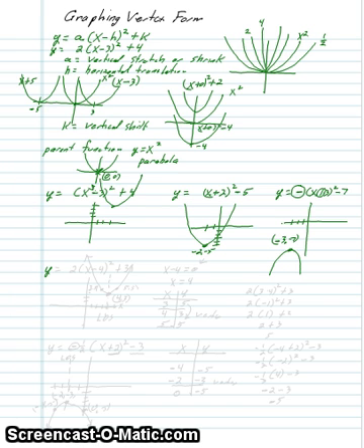So y equals 2(x minus 4) squared plus 3. The vertex is going to move right 4, and here's why that happens. You take that x minus 4, set that equal to 0.